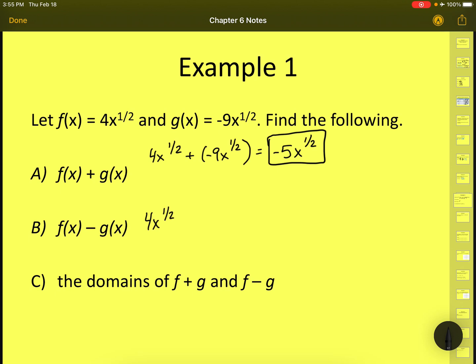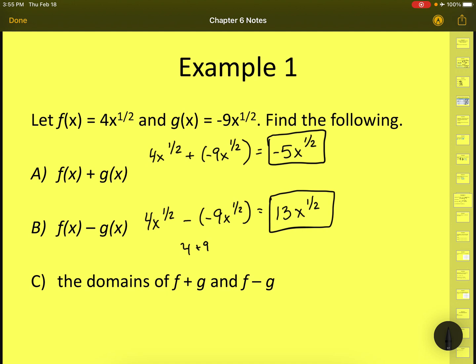Here's f, and here's function g. Okay, now if I subtract these, 4 minus negative 9, I get that keep, change going on. So it's like saying 4 plus 9, which is 13x to the 1/2. And again, we're leaving the exponent alone. It's just like terms, okay?